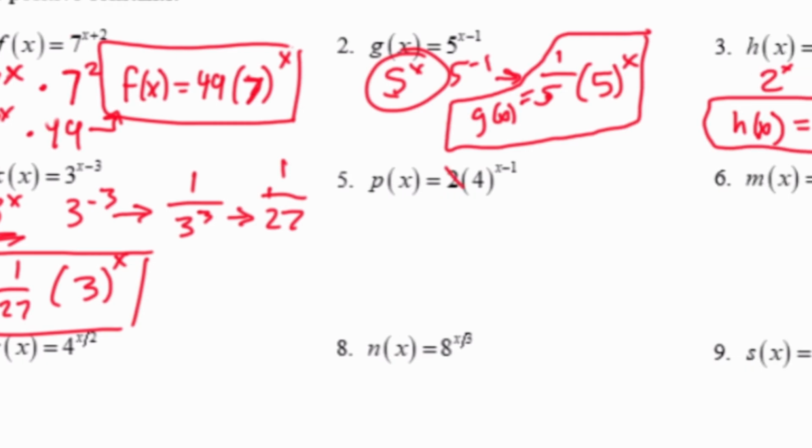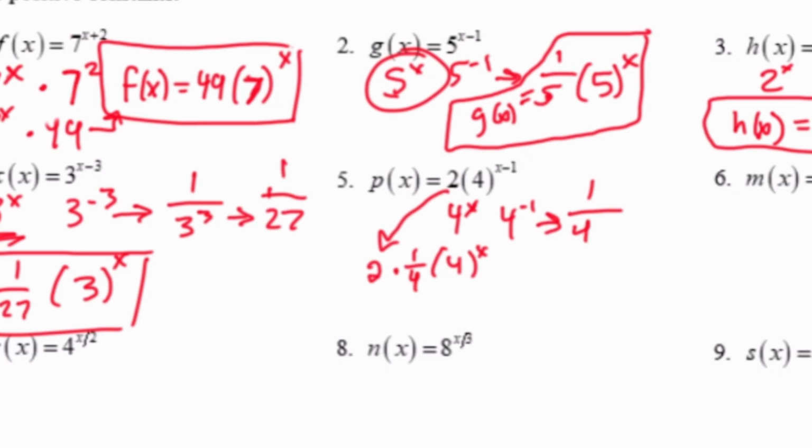Now number 5, we have a number on the outside. So for now, we just ignore it, and we only deal with the number that's being raised to the exponent. So 4 to the x, and 4 to the negative 1 goes to 1 over 4 to the power of 1, which is just 1 over 4. So we have 1 over 4 times 4 to the power of x, and now we put it back in.